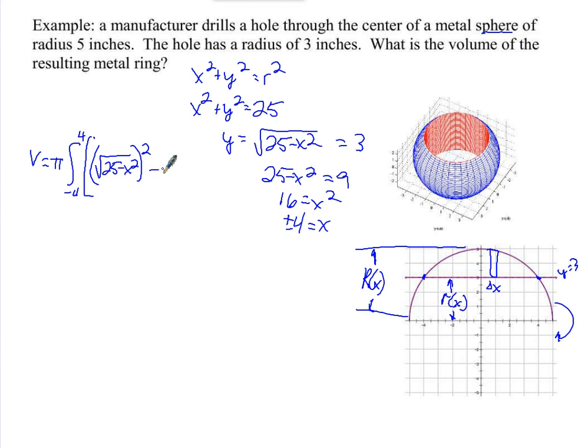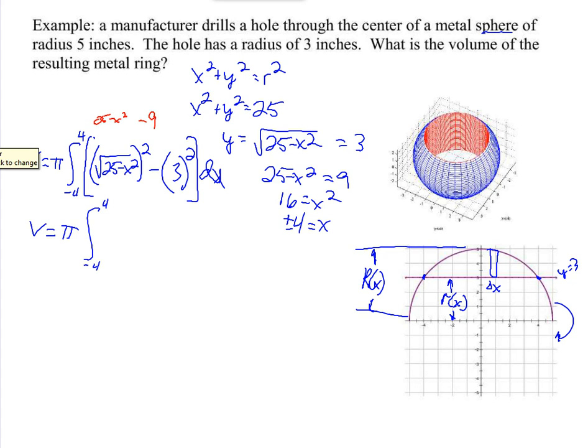Minus integral. So this is just big R squared minus little r squared. So what should we do next? So what we have sitting here is 25 minus x squared minus 9.